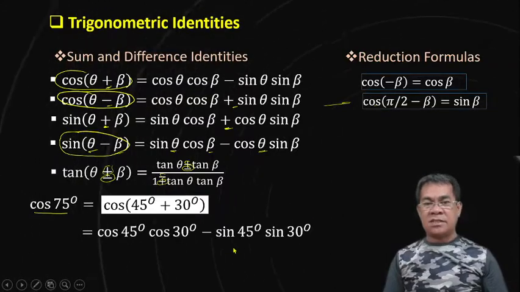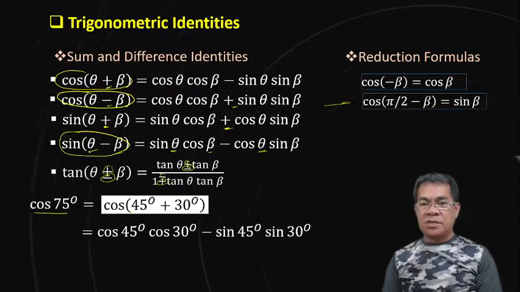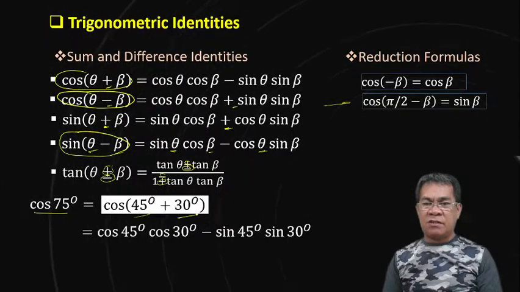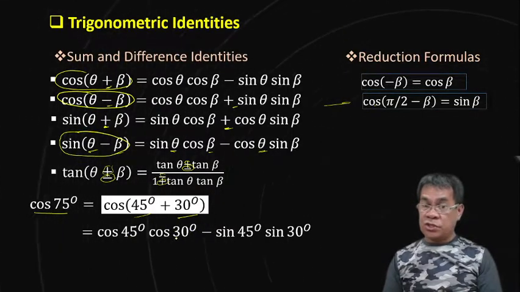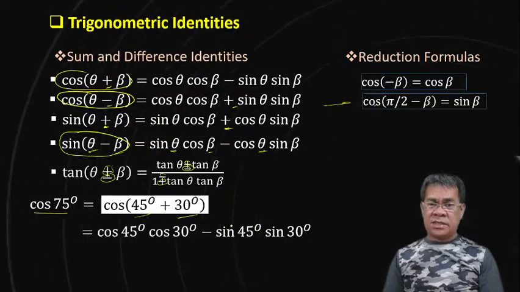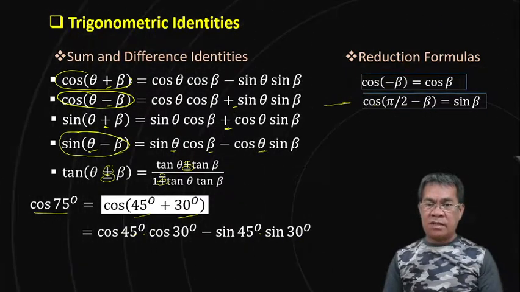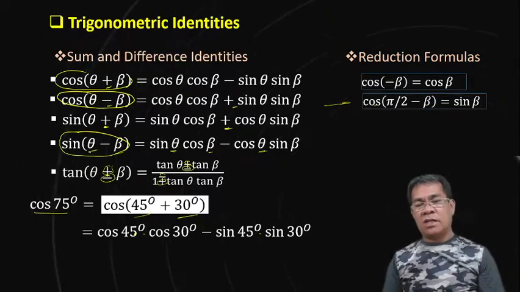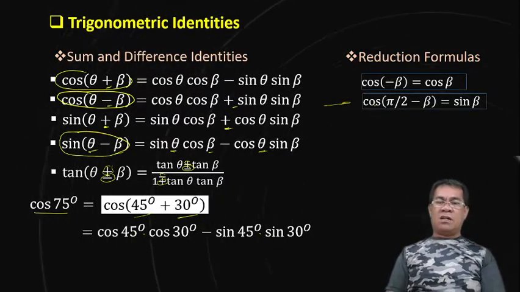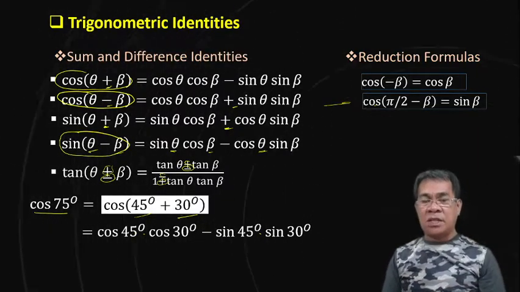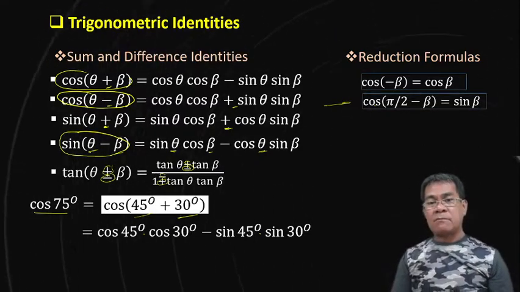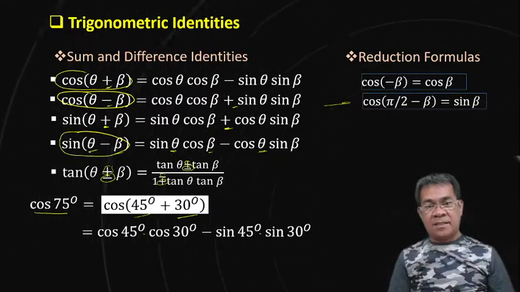So this will be the result: the cosine of 45 degrees times the cosine of 30 degrees, then subtracted, because this is plus, the sine of 45 degrees multiplied by the sine of 30 degrees. Now all the trigonometric functions have special angles, 45 degrees and 30 degrees.